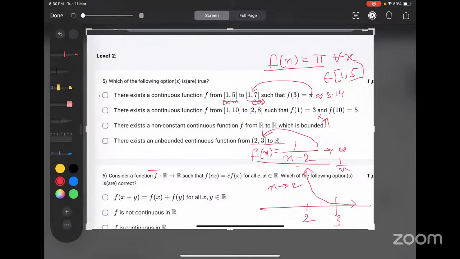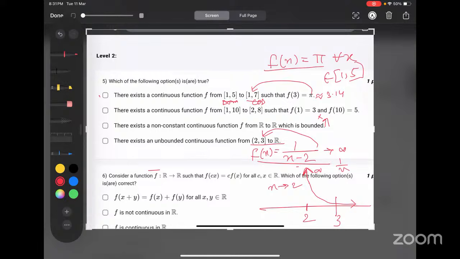Suppose this is 3 and this is 2. So this will be going towards infinity. That means it is unbounded above. That means the graph is continuous and it is unbounded. Okay. Any doubt? No, ma'am. So it is clear to all of you, right?